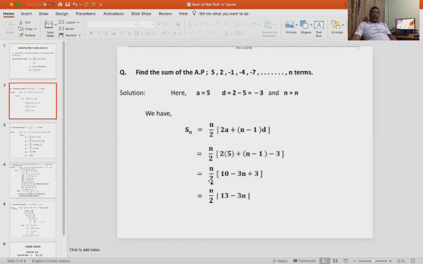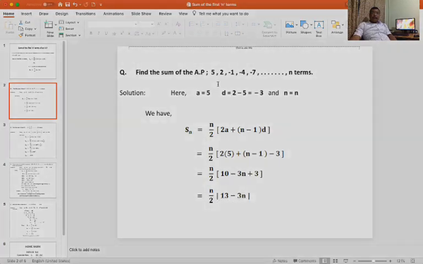So this is equal to n by 2 into, since 2 into 5 is 10, we write here 10 minus, now we multiply this inside, minus into plus is minus, and 3 into n is 3n, plus, again minus into minus is plus, and 3 into 1 is 3. So it is equal to n by 2 into, now 10 and 3 is 13 minus 3n. So if we sum this AP to n terms, we will get n by 2 into 13 minus 3n.